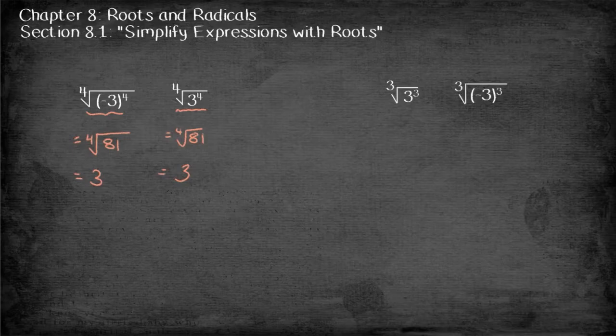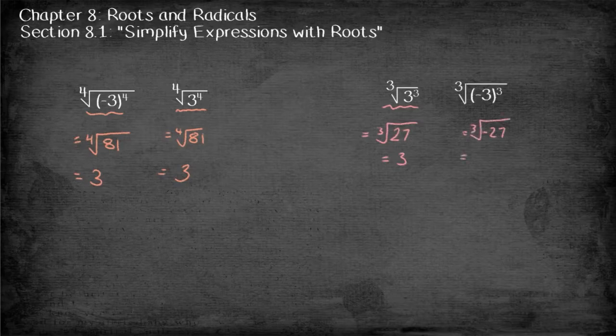But when it comes to the odd index roots, that's these guys over here, 3 to the third is 27, and we want the third root of that, we get 3. Meanwhile, -3 to the third is -27.